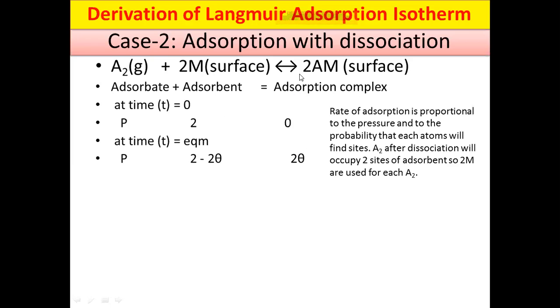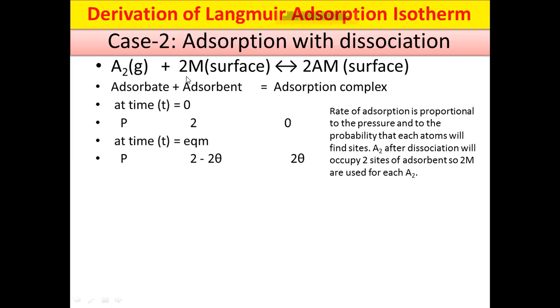Two adsorption complexes are formed, so the coverage will be 2 theta, and the number of active sites of the adsorbent left will be 2 minus 2 theta. This is the same as we did in the first case, but the only difference is that in the previous case we used theta only, and here one molecule of the surface, or you can say the adsorbent.